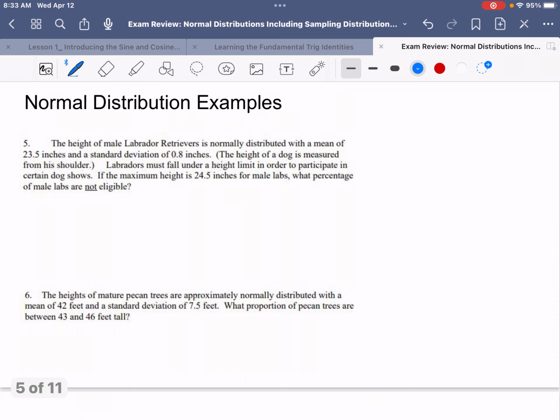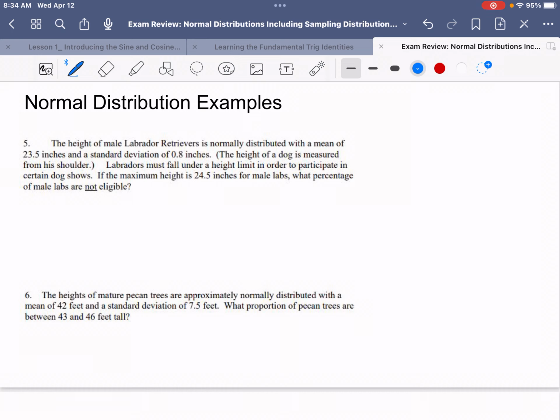And once again, these problems should be very familiar to you because not only were we doing normal distributions in Chapter 2, but once we came back in the second semester and we were doing Chapters 7, 8, 9, 10, and 11, normal distributions came back into the conversation. So here we go back to Chapter 2, but this should feel okay by you.